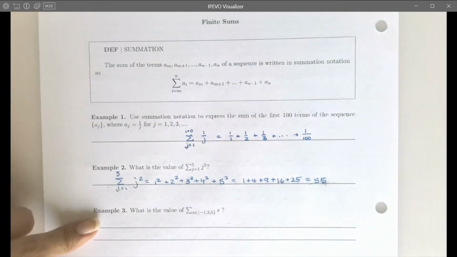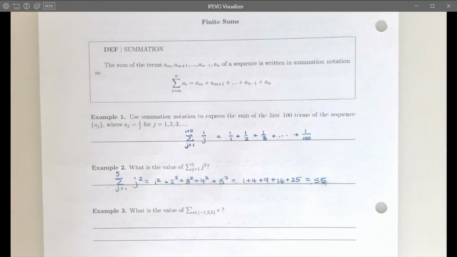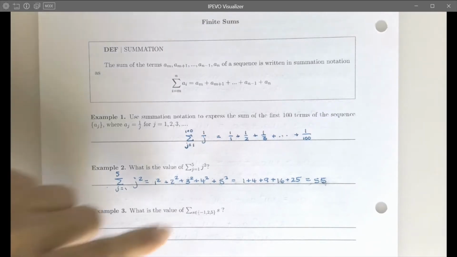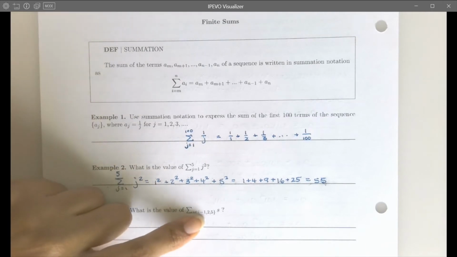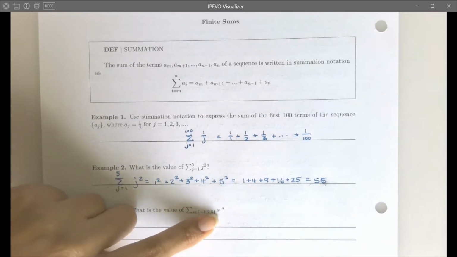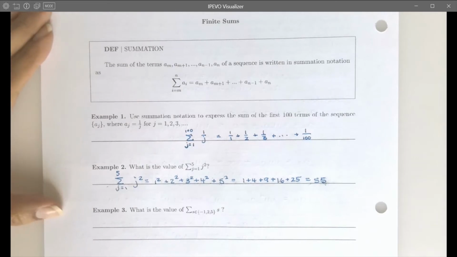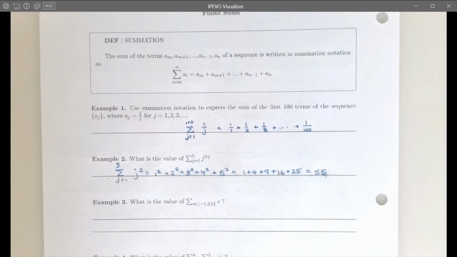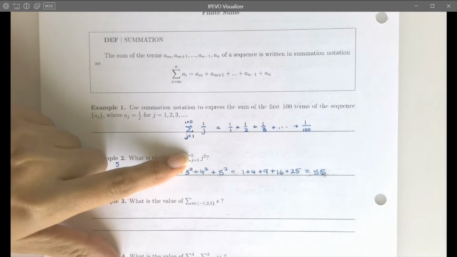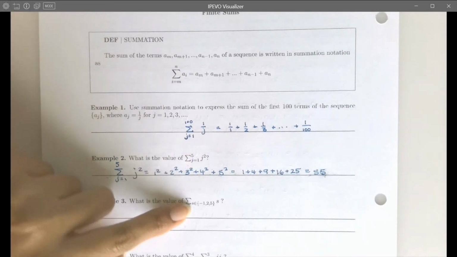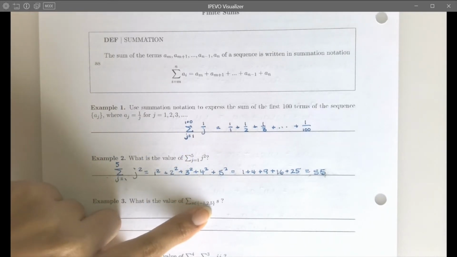Example 3 is written a little bit differently to what we are seeing in the definition. They're asking us what is the value of the sum of s for s in the set {-1, 2, 5}. Basically, instead of iterating through the values of the dummy variable in increasing order from a starting point to an end point, we're just going to iterate through the different values of the set.